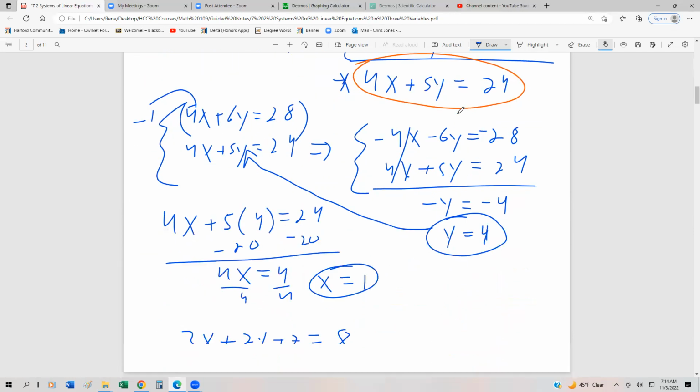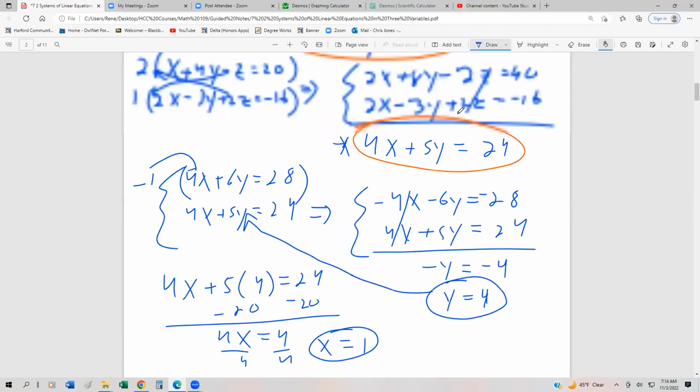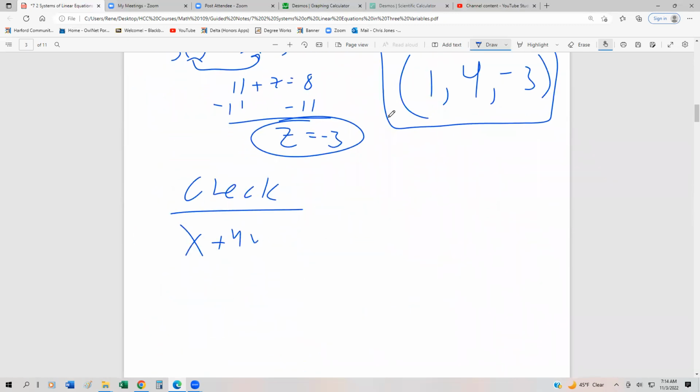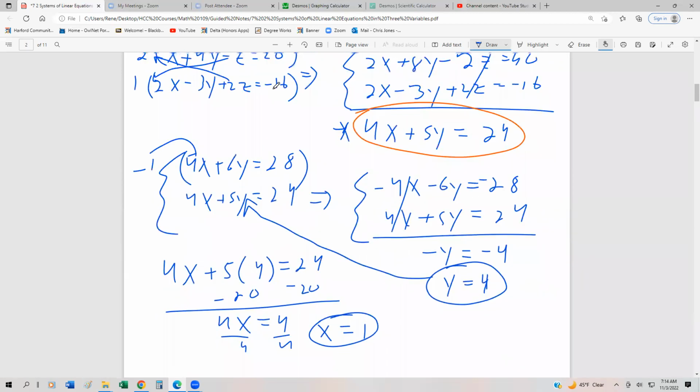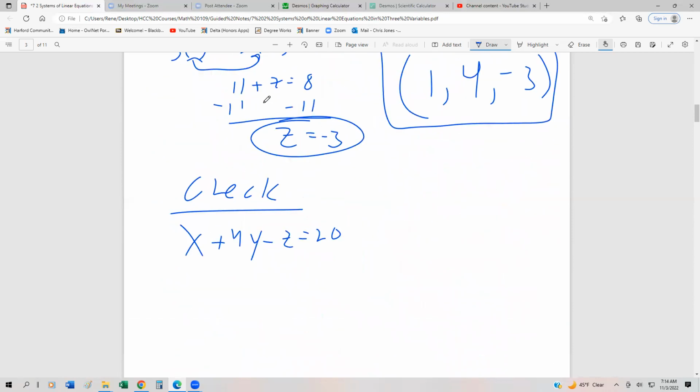So we have x plus 4y minus z is 20. Just checking one more time. So we have 1 plus 4 times 4 minus a negative 3 is equal to 20.